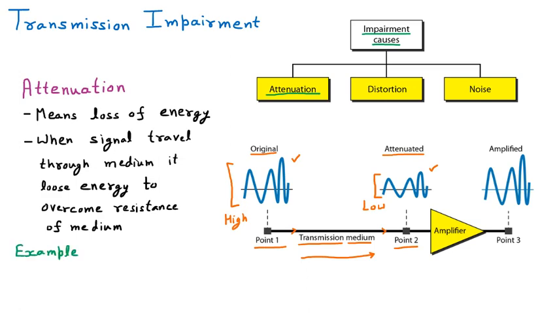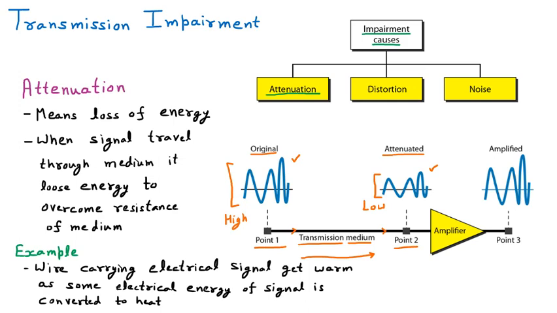The wire carrying an electrical signal gets warm as some electric energy of the signal is converted to heat. The meaning is that if we have a wire through which we are transmitting electricity, that wire becomes warm, and because of that the signal strength becomes low.